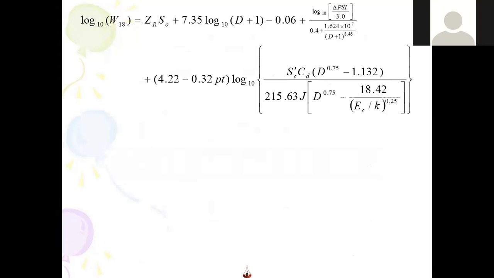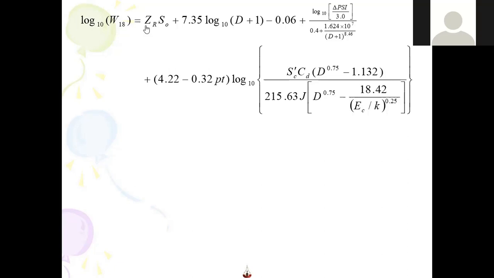Once you know this, here we will use again the same equation. It's a trial and error, where on the left side you will take W18, the traffic result, and on the right side, you will take these values.